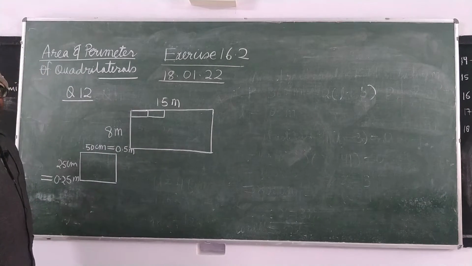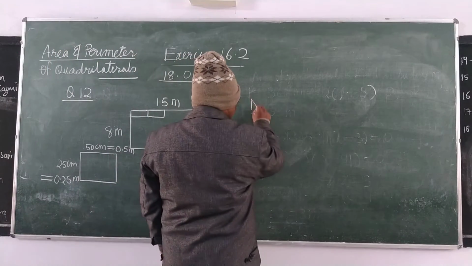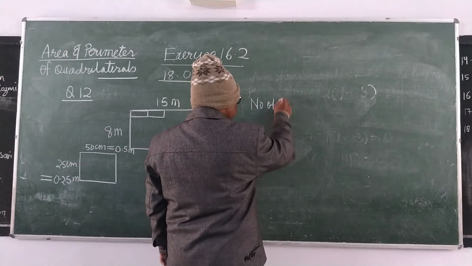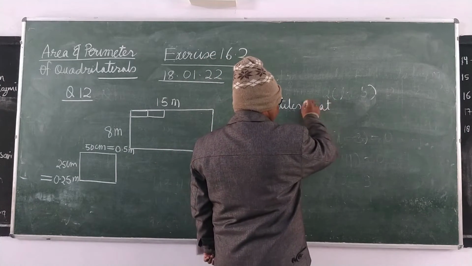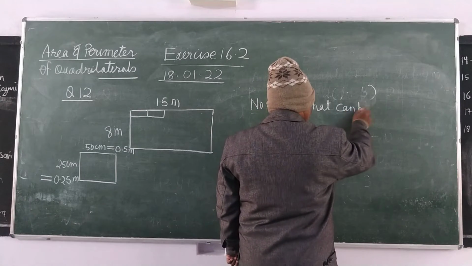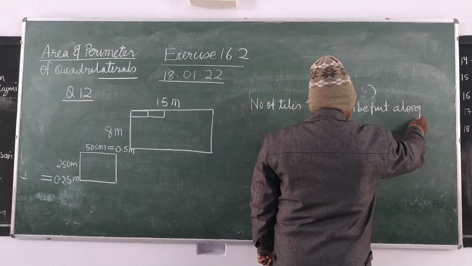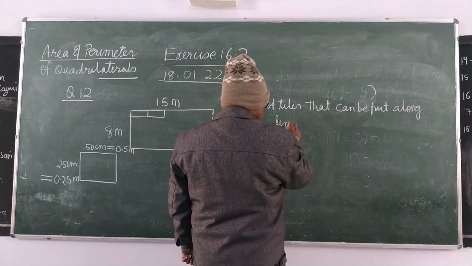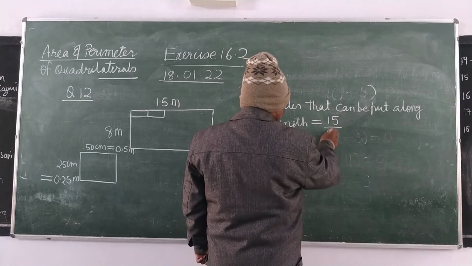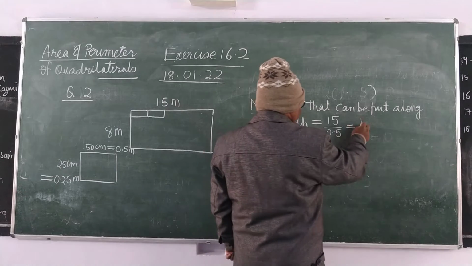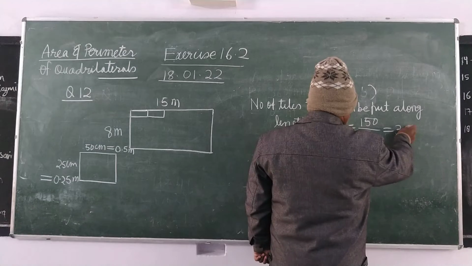So how many tiles can be put along the length? Number of tiles that can be put along length equals to 15 upon 0.5, that is equals to 150 upon 5, equals to 30. It's clear?